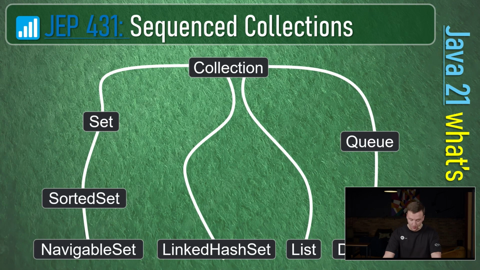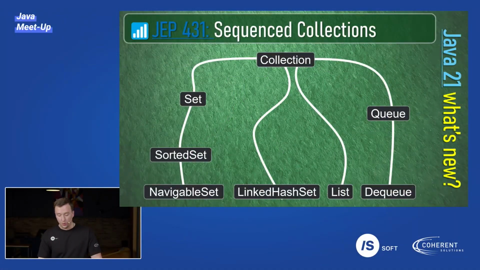Sequenced collections. I drew here a kind of hierarchy of different collections: sets, lists, queues, and so on, and their relationships to each other. And what do we have here?